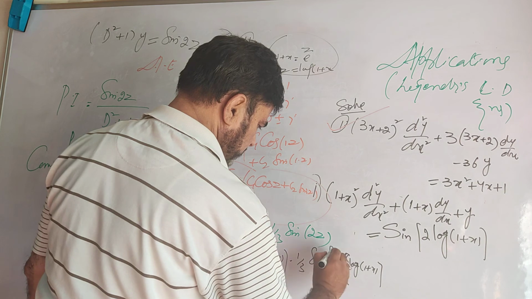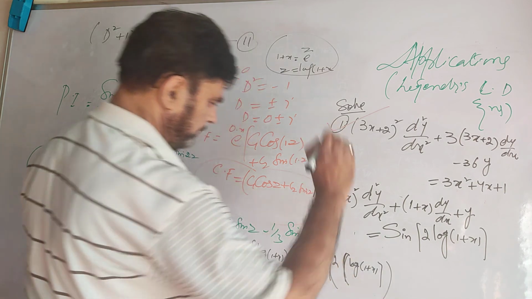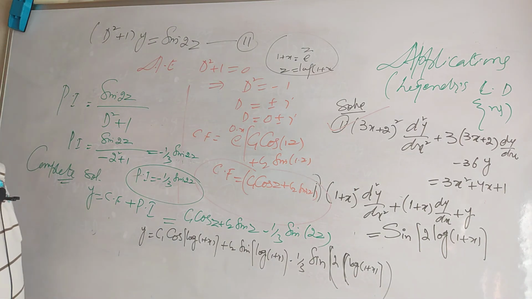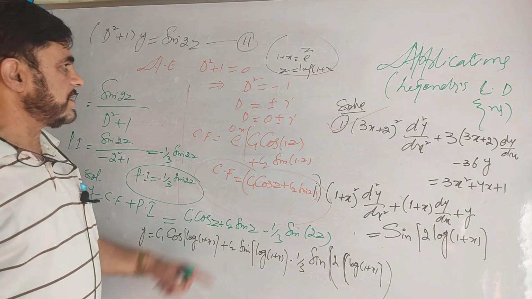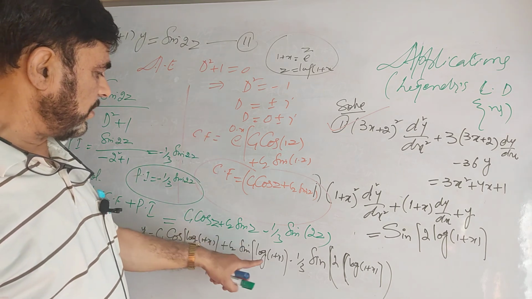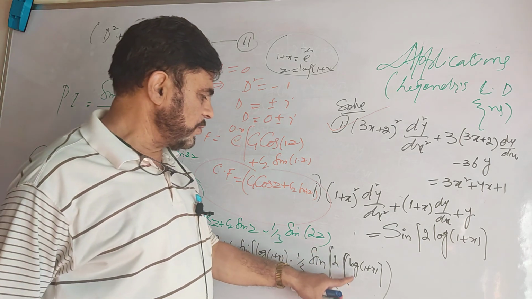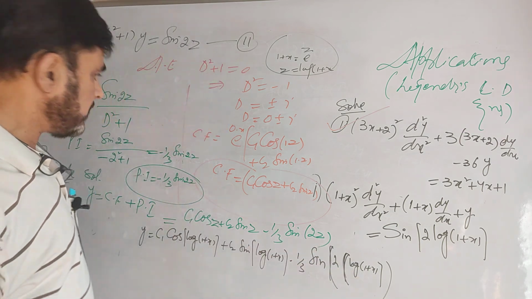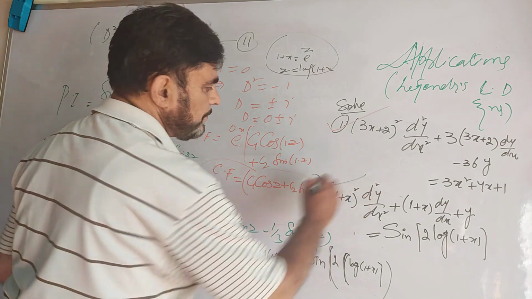So you had only z here, and we have replaced z by log(1 + x). 2z is 2 times log(1 + x). This is the solution of this differential equation.